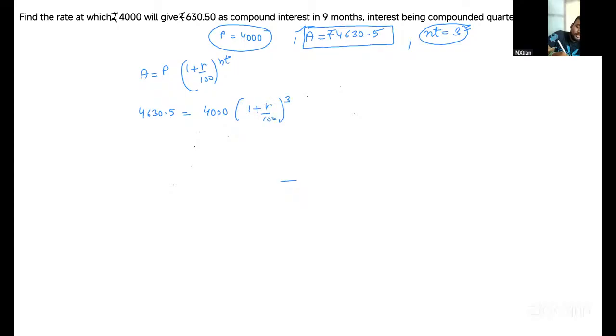So 4630.5 divided by 4,000 is equal to 1 plus R upon 100 to the power of 3. Now, if I remove this point, the 0 will go downward. So it becomes 46305 divided by 40,000 is equal to 1 plus R upon 100 to the power of 3.